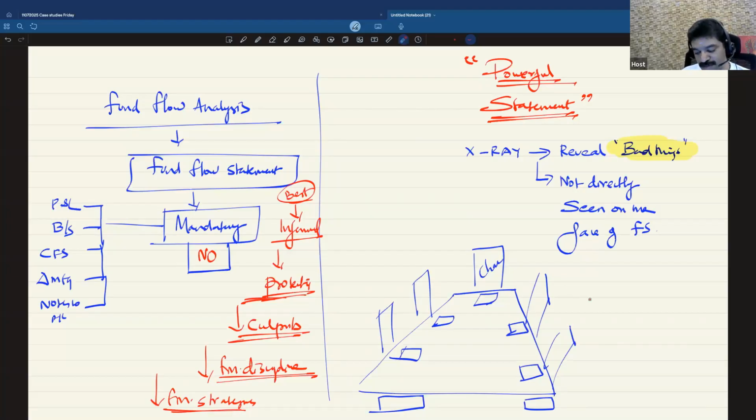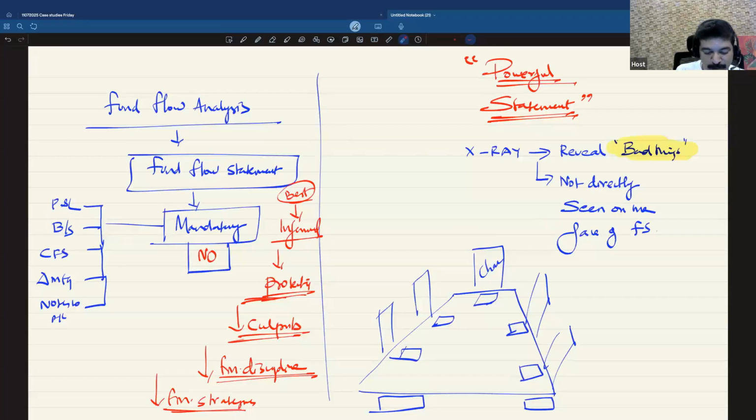For us it can be a technical statement with a lot of technicalities, but the decision makers are looking at the fund flow statement and catching what we were unable to understand. They use that analysis for taking a decision. Their decision is either sanction or reject. How powerful it is, right?